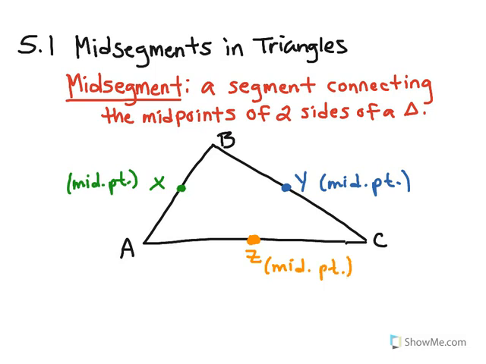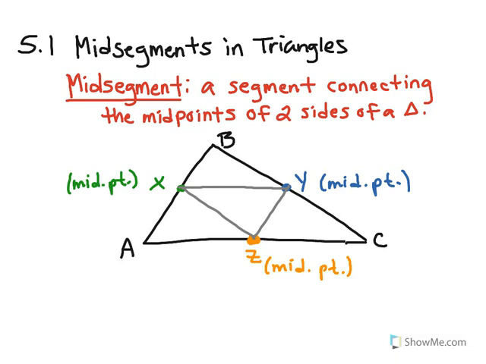So how do we get these mid-segments to come about? The answer is that we connect these midpoints. When I connect X and Y like this, that is a mid-segment because it connects the midpoints of two sides of a triangle. I could also have another mid-segment from Z to Y right here, and a third one from here to here.